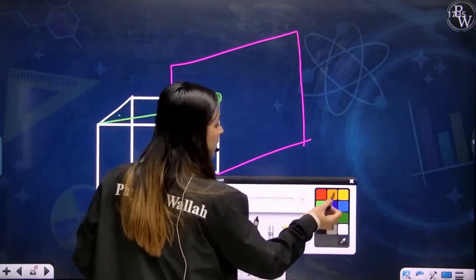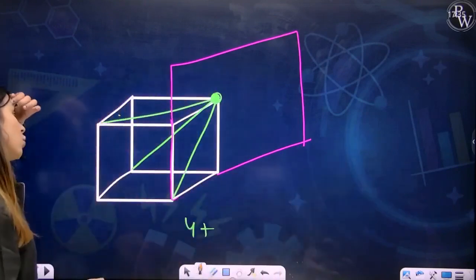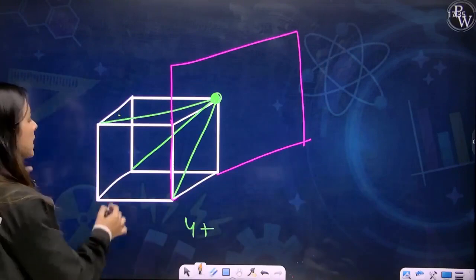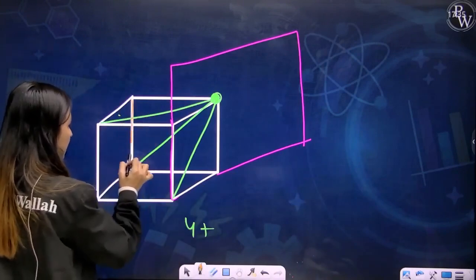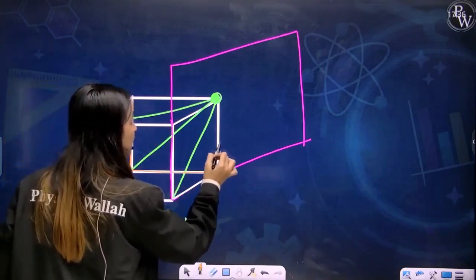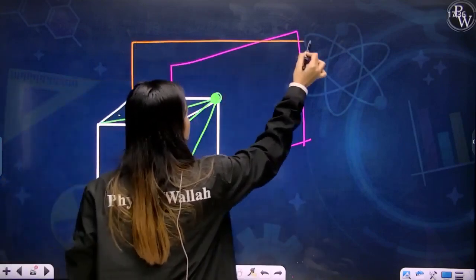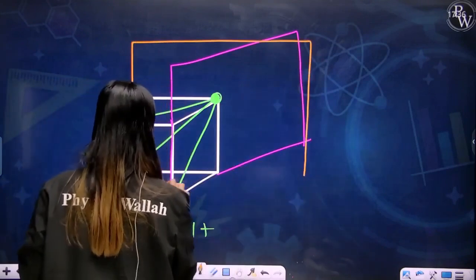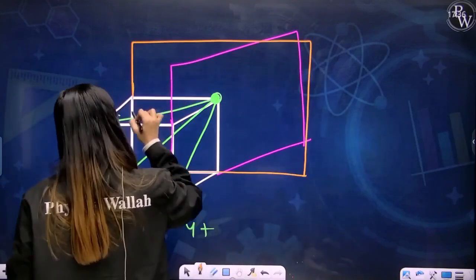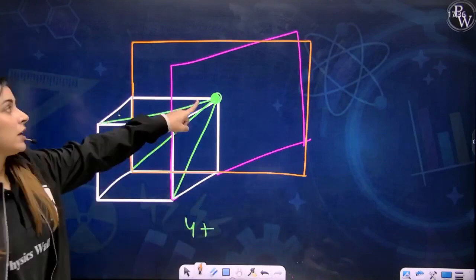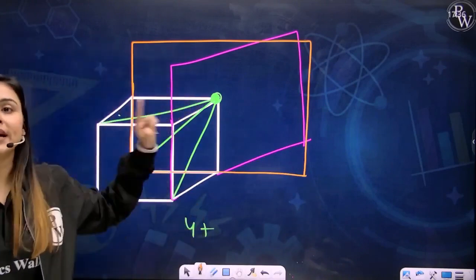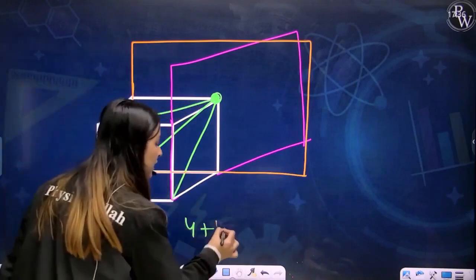Similarly, now you extrapolate, my dear students, the backward face. You extrapolate this, you will have like this, like this, like this, and like this. I hope you're clear with this. You will have 4 at root 2a in this face as well. So can I add 4 here?